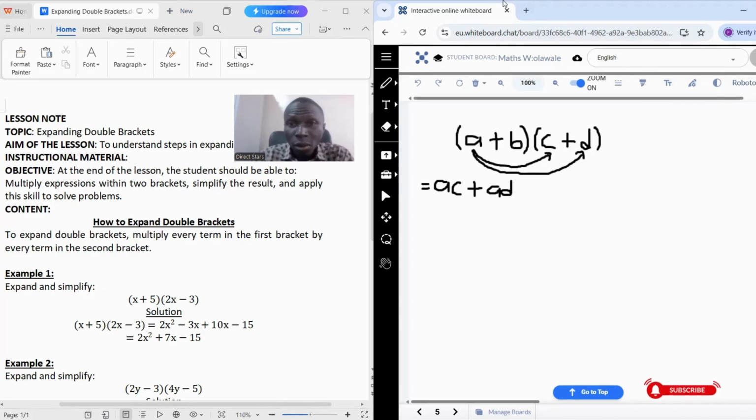So that's plus B multiplied by C, which is plus BC. And lastly, we use the second term in the first bracket to multiply the last term in the second bracket. So that's plus B multiplied by D, which is plus BD.